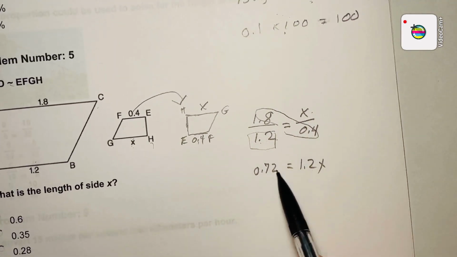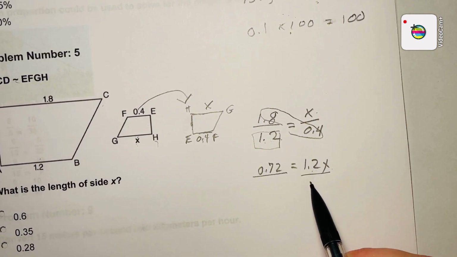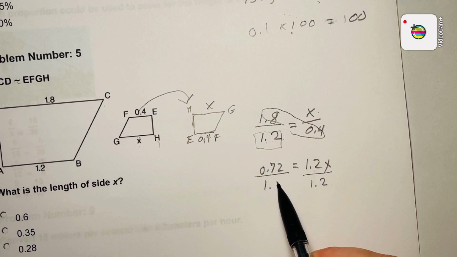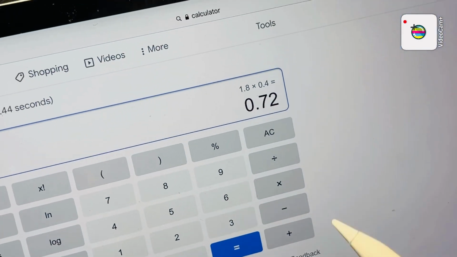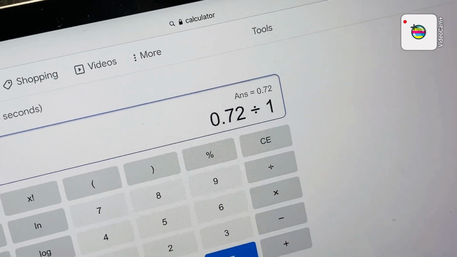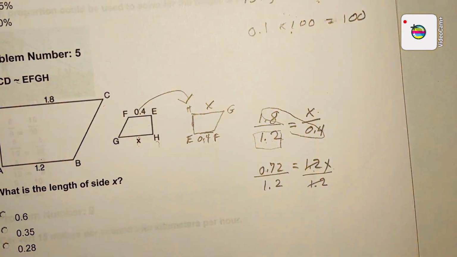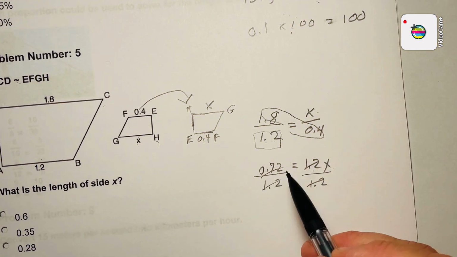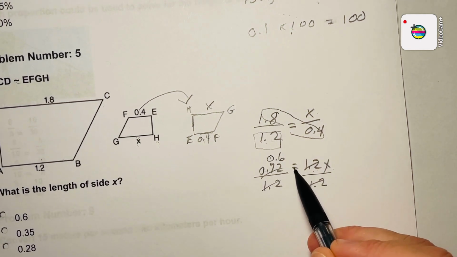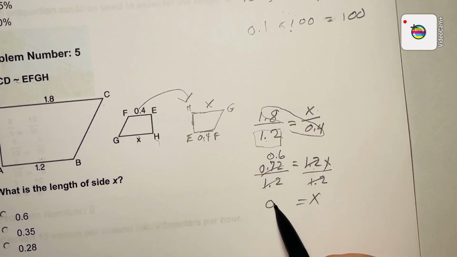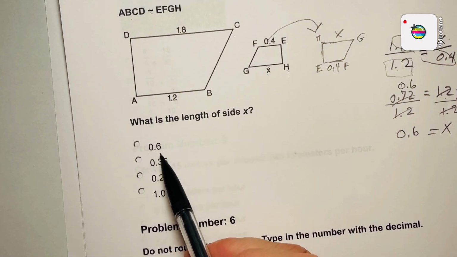All right, and then to solve this problem here, we divide both sides by the number closest to the variable, 1.2. That would cancel that out. And this would become 0.6. So x equals 0.6, or x is, with confidence, x is 0.6.